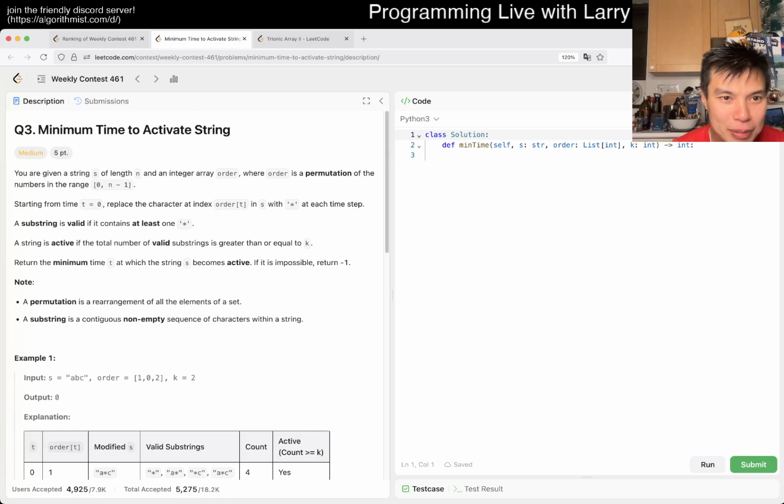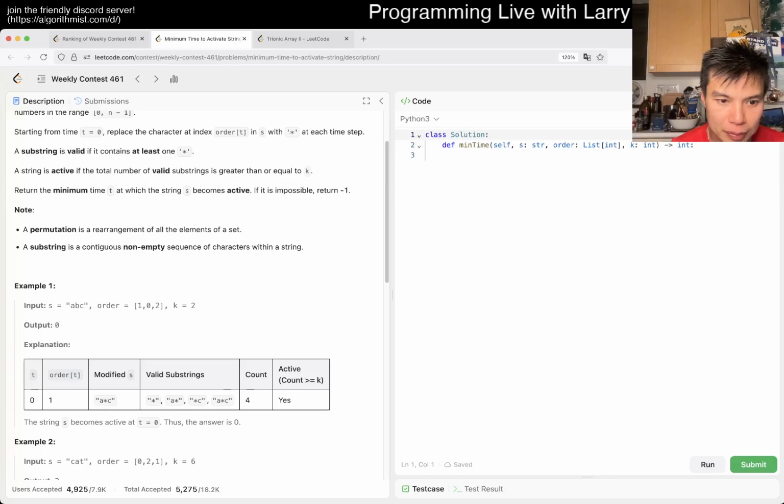All right. Minimum time to activate string. Order, integer order. Order is a permutation of 0 to n minus 1. Replace the character at index order sub t in S with a star.